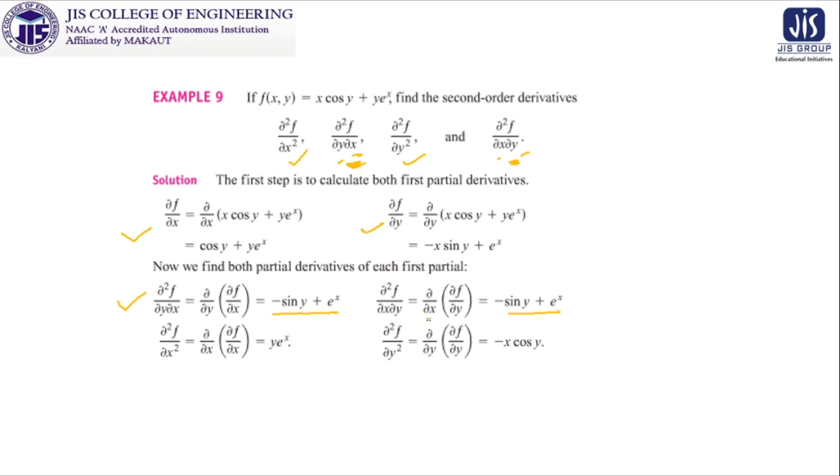But in both cases, the expressions are the same. You will see that in all the cases they are the same. But there is also a very important piece of information that we are going to share with you. Before that, del 2f del x2 is calculated in the same manner, with respect to x one more time, and similarly y one more time.